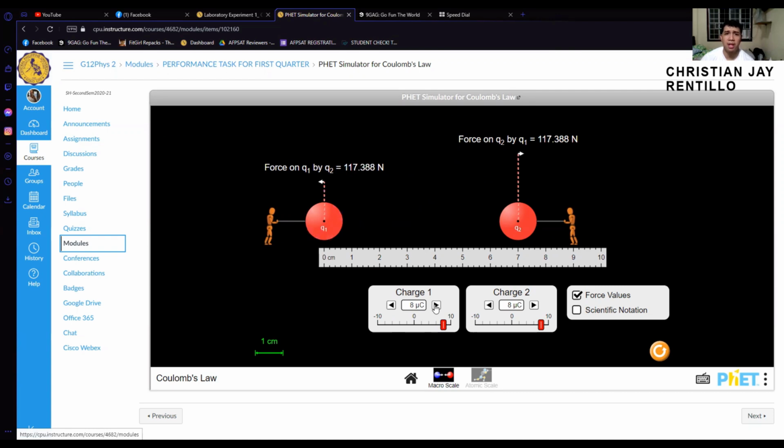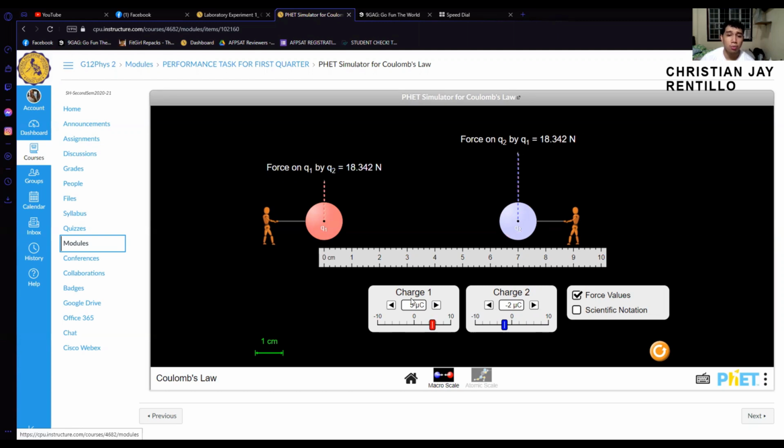So we'll have a value of 117.388 N. Now for number 2, we'll make our Q1 charge positive 5, while our Q2 charge will be negative 2, so we will have 18.342 N.